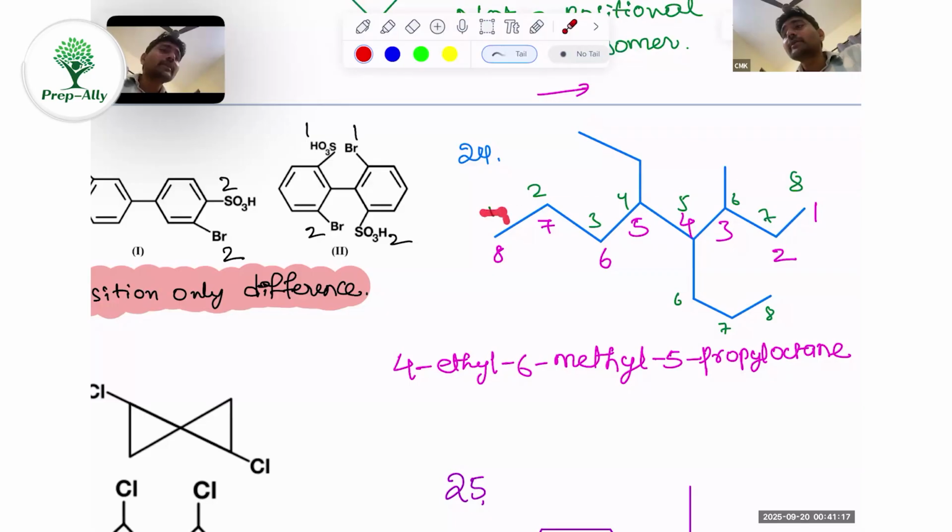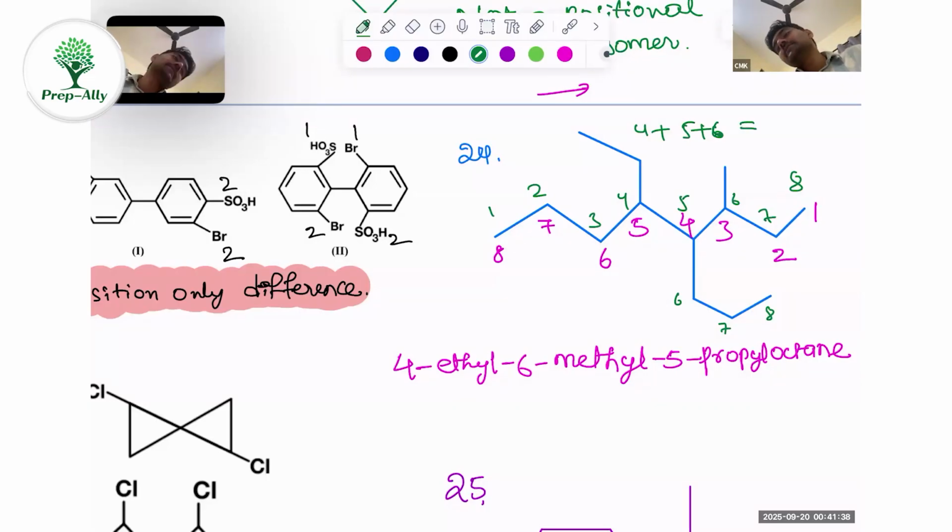Now why are we counting right to left or left to right? Now if you take the substituents, they are at the 4th position, 5th position, 6th position. Now if I add all these positions, the lowest sum should always be there. 4 plus 5 plus 6, so 15.